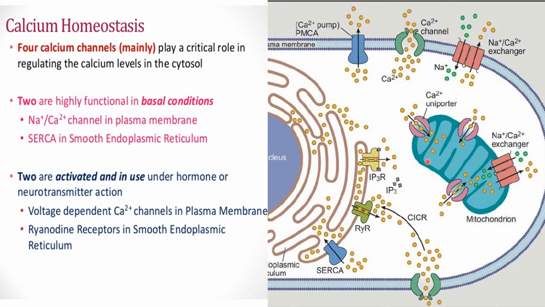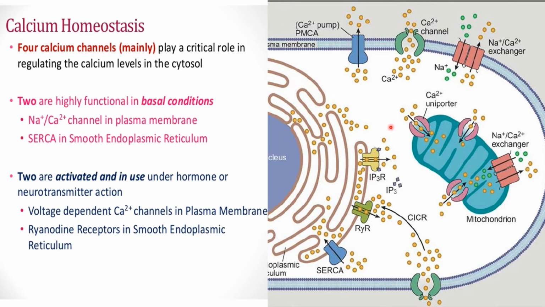So all of these calcium channels either work in exchange of another ion, like the calcium sodium exchanger, or work as uniports, with the movement of calcium ions in one direction.